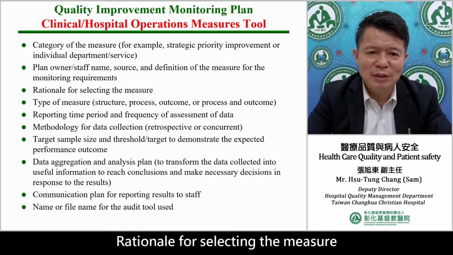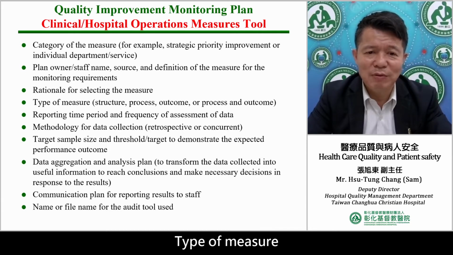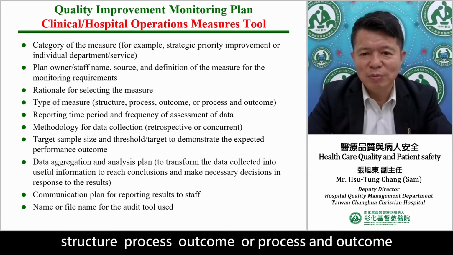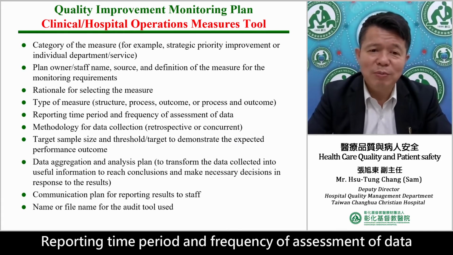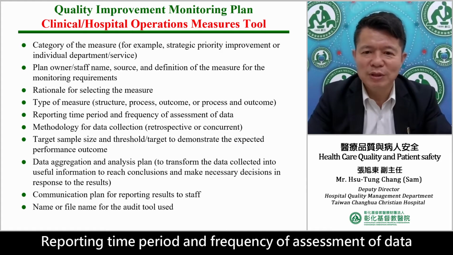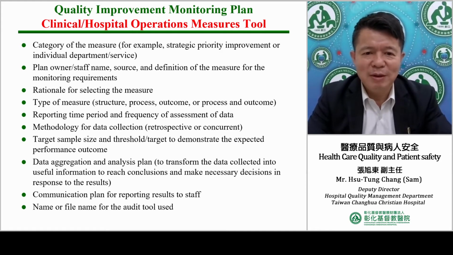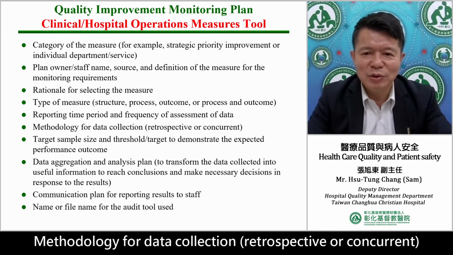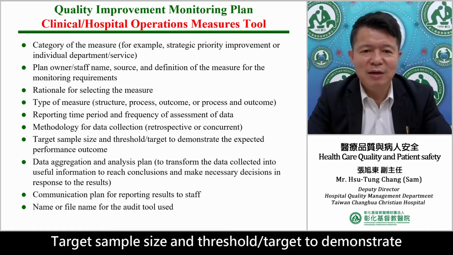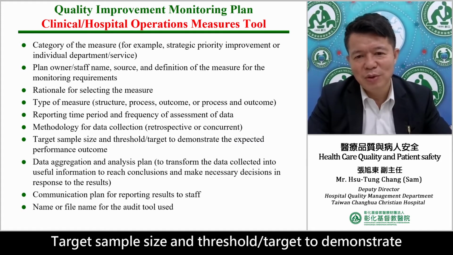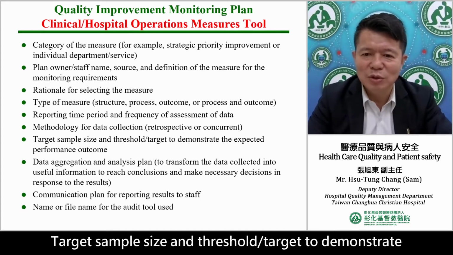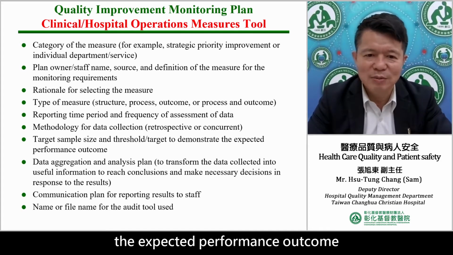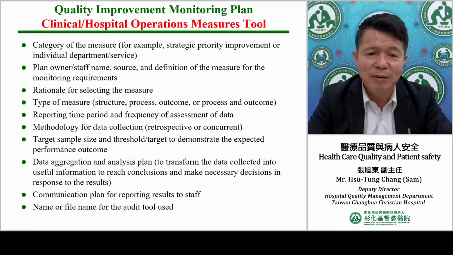Rationale for selecting the measure, type of the measure, structure, process, outcome, or process and outcome, reporting time period and the frequency of assessment of data, methodology for data collection, retrospective or concurrent, target sample size and the threshold, target to demonstrate the expected performance outcome.